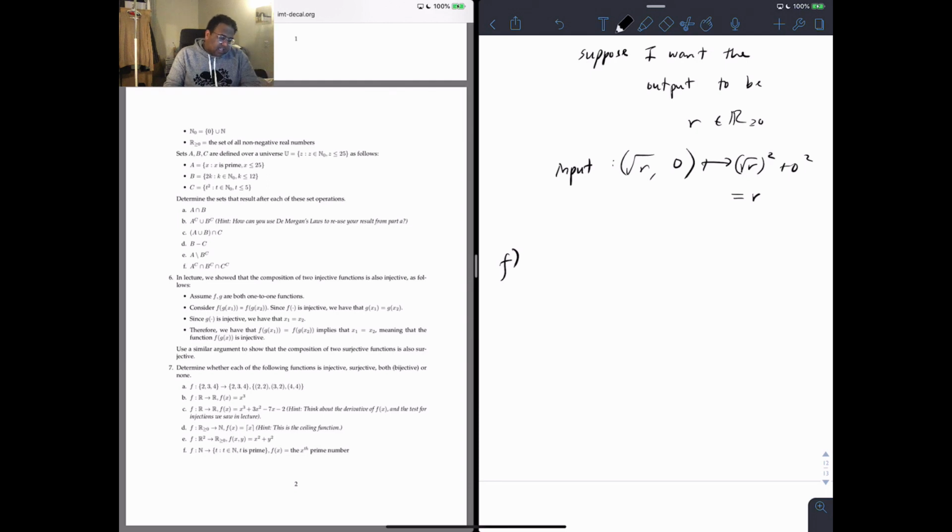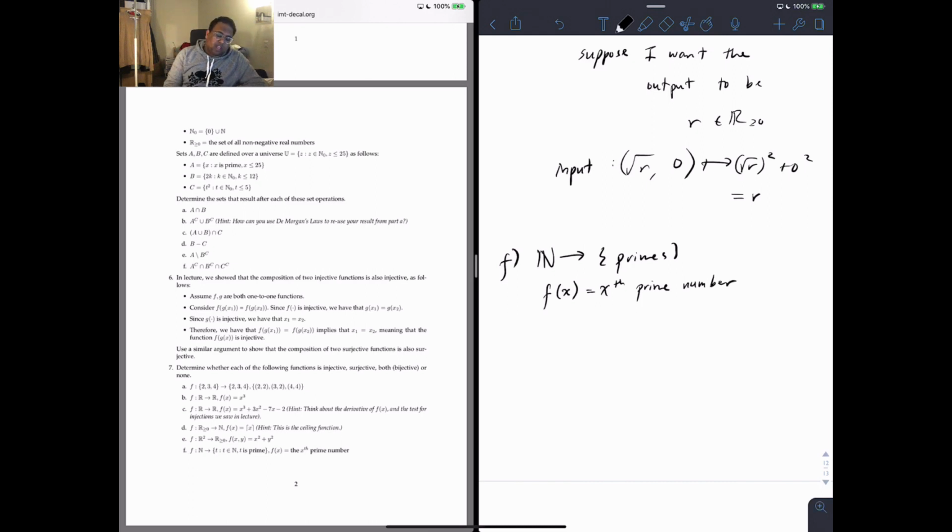Lastly, we have a very specific example, but it's there to teach a lesson, where our domain is the set of naturals and the codomain is essentially the set of the primes, where f of x maps to the xth prime number.